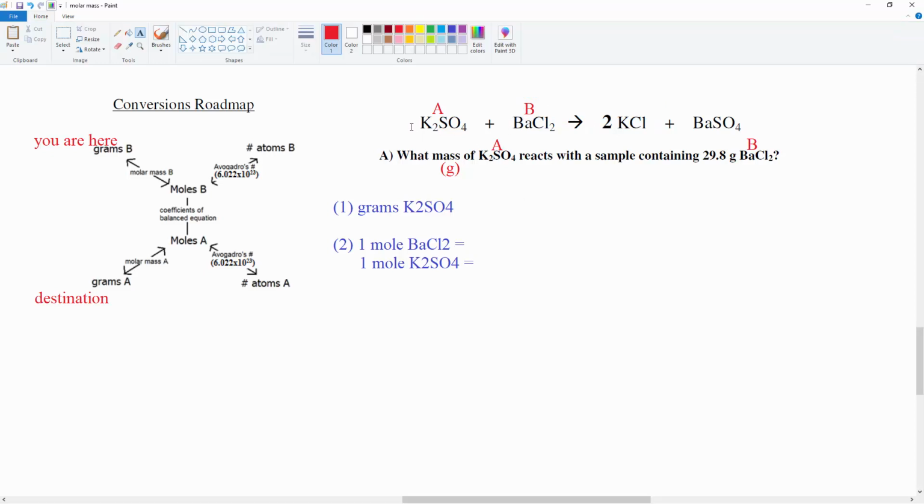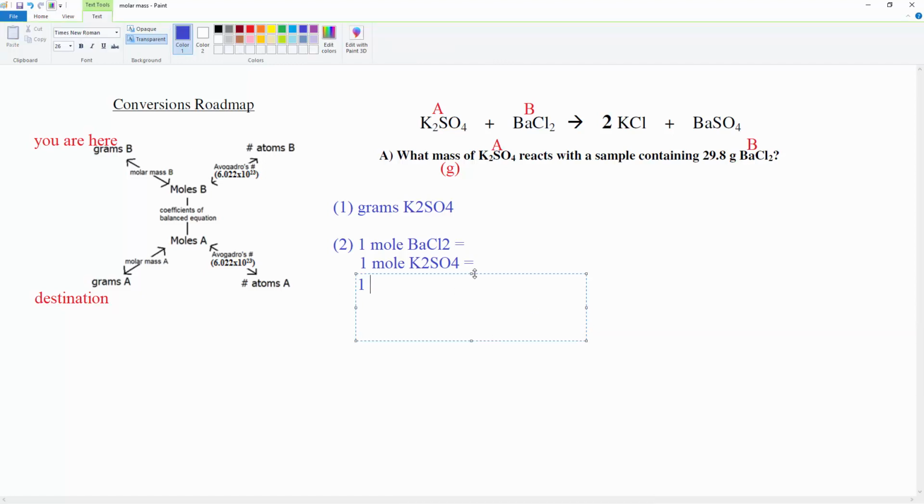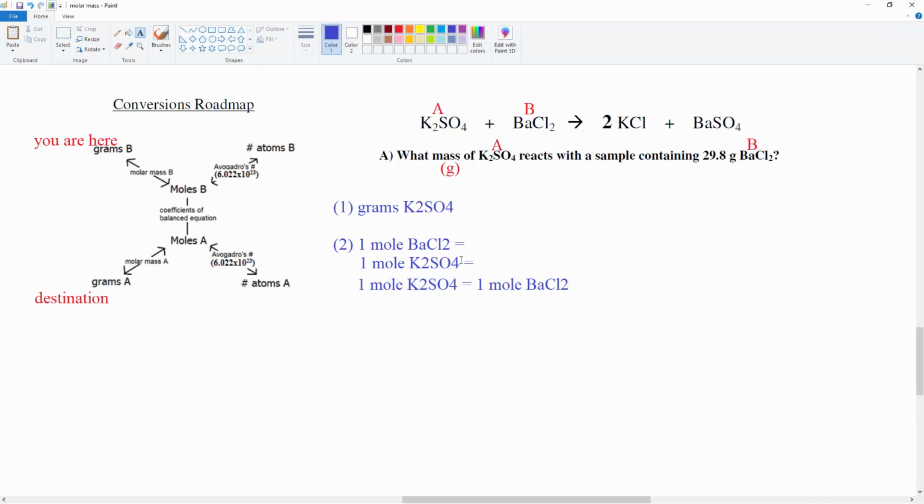It's balanced. There's 1 and 1 and 2 and 1 in that balanced equation. So it's just a 1-to-1 ratio. You should always verify because that is absolutely not guaranteed to be the case. But in this case it was. That was nice. So 1 mole K2SO4 for the purposes of this equation, that's equal to 1 mole BaCl2. All right, and we just need the molar mass of these guys.